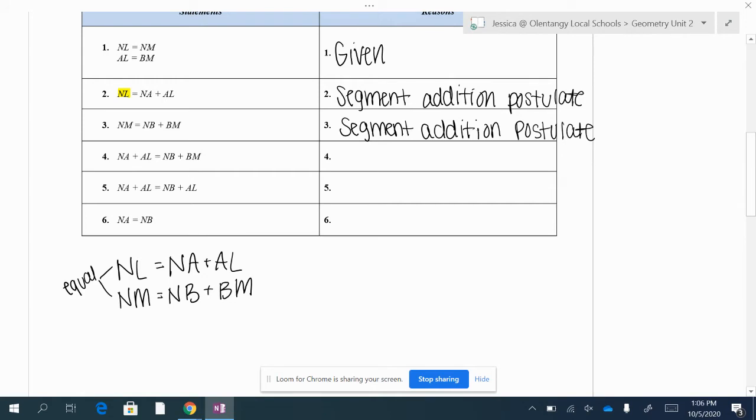So this is going to be the transitive property. These are overlapping. These are our middlemen. Okay, they're both set equal to something that's equal. So then I can set our equations equal to each other. So then I know that NA plus AL is equal to NB plus BM. So again, this is going to be our transitive property.